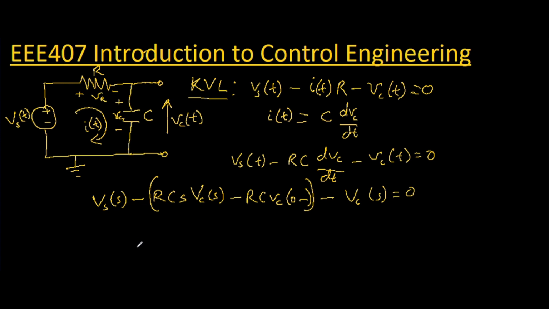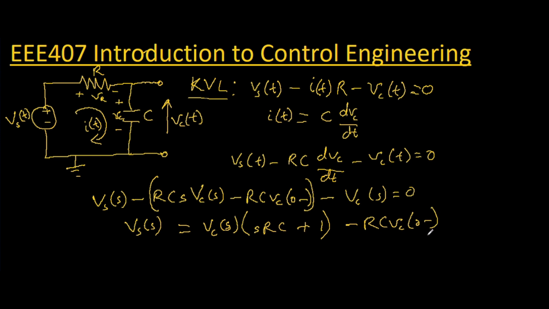So that means that our VS of S is equal to, let's say, VC of S into SRC plus 1. Then I'll have a minus RC VC initial condition.